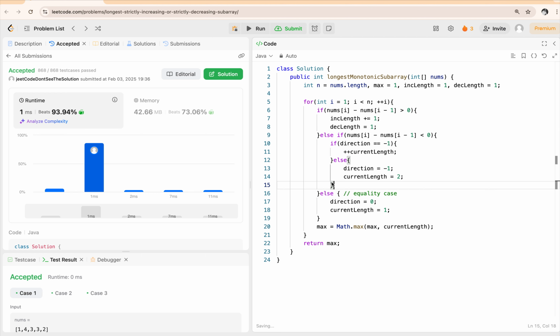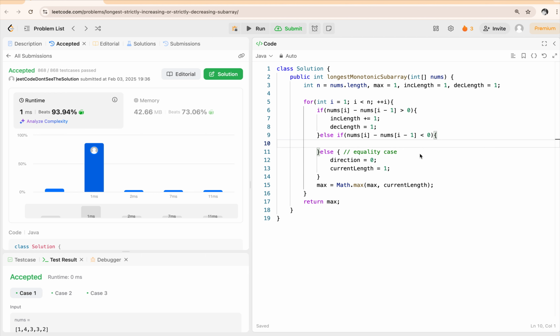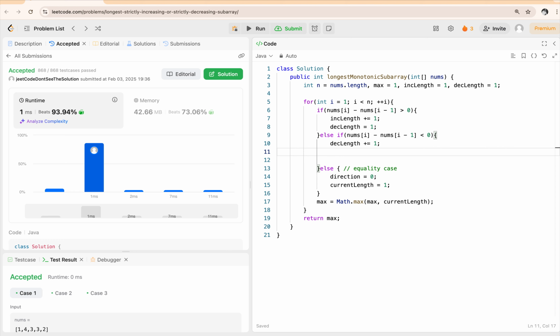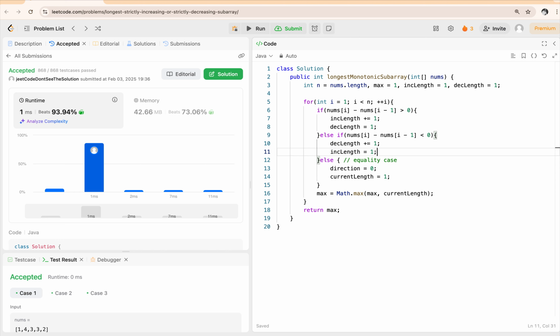And in this case also we'll remove all this, and decreasing length is incremented by 1, and increasing length is equal to 1. Now we don't need the direction. Why? Because an individual number can also be considered as an increasing subarray, and the same is true for a decreasing sequence also.